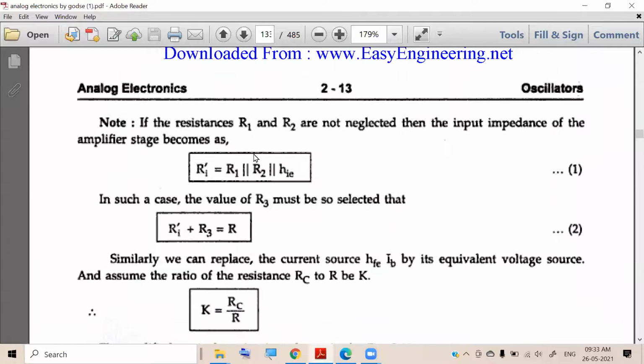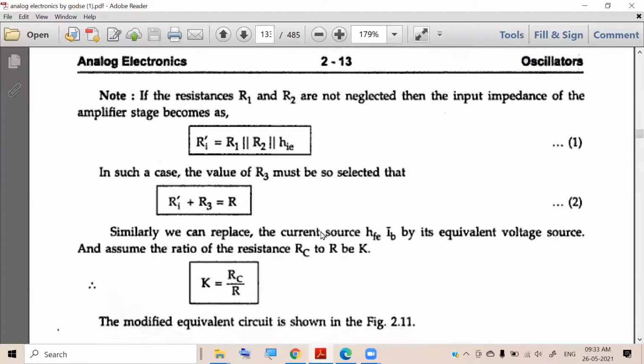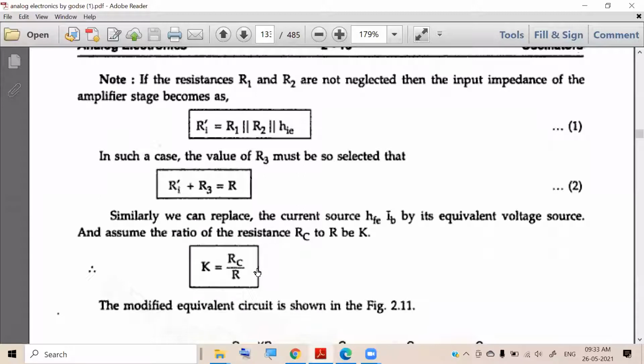Next, usually this resistance RC is represented in terms of R. Whenever we do a derivation, it's our wish, whatever we want, we can take.